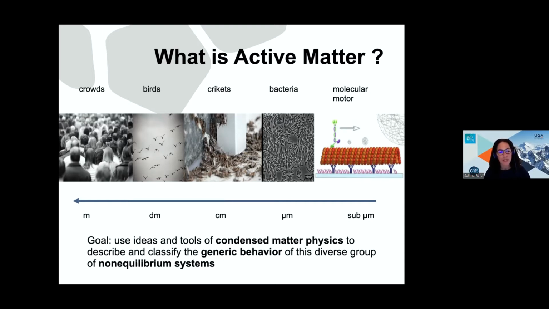And as physicists, the goal is usually to use the tools we have, in particular in condensed matter physics, to describe and classify the general behavior of the system and try to get to a kind of universal description of the systems, even though they can be so diverse, as exemplified here.